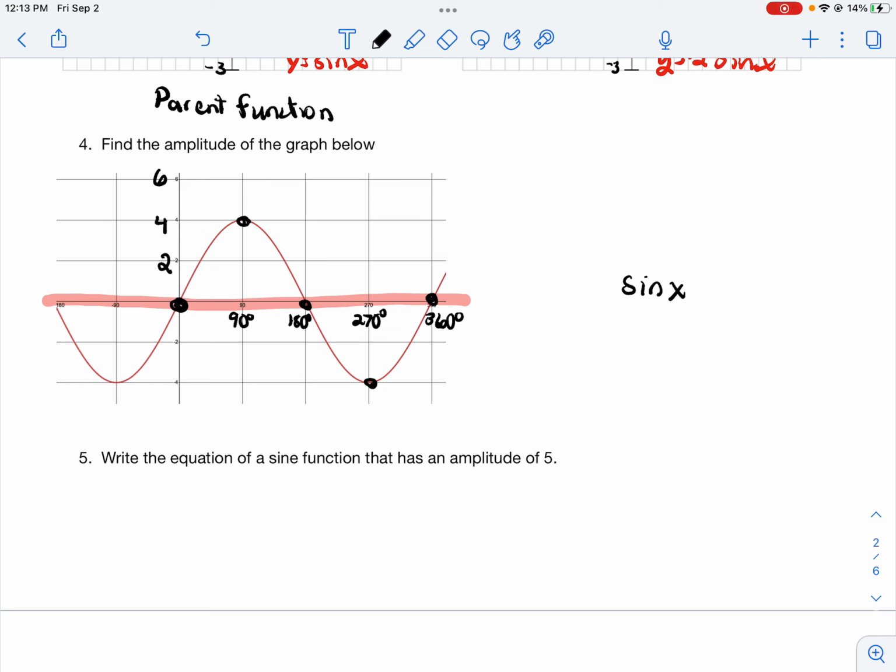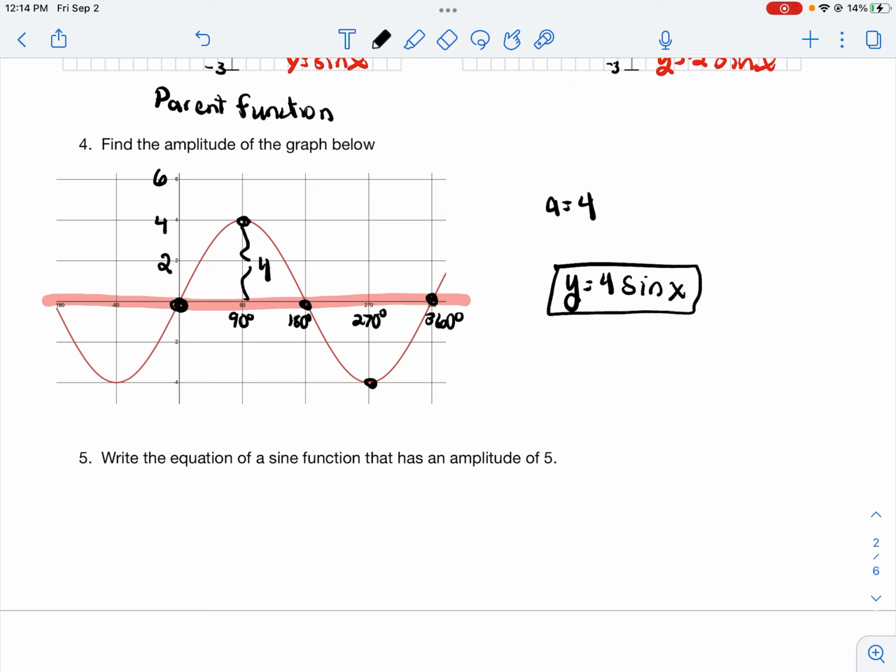Next, I need to figure out my amplitude. The amplitude is the distance from my midline to my maximum, which in this case is 4. So I know A has to equal 4. The equation I would write is y equals 4 sine of x. And there you have how you can find the equation from a graph.